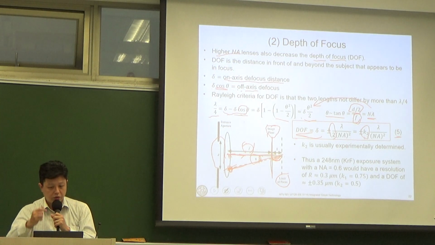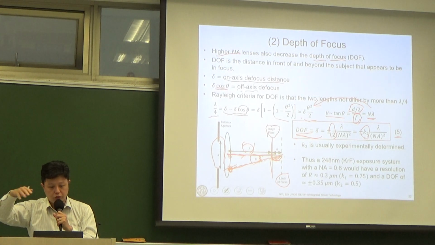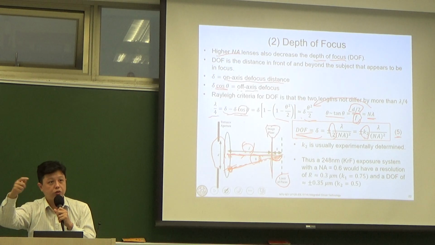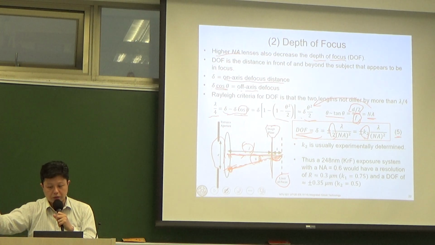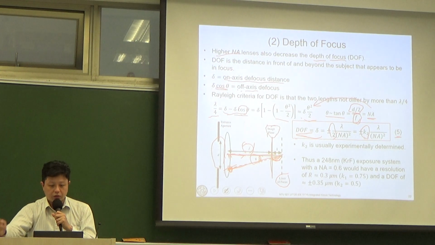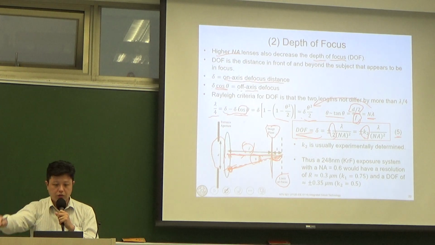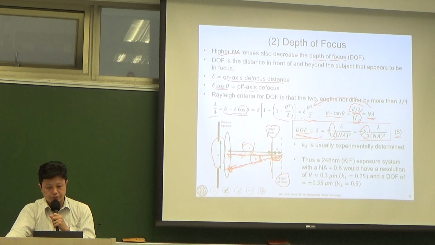Because sometimes, if you have already done a process, there are features on your wafers, there's topology on your wafers. Sometimes you have etching depth, some mesa or step change.